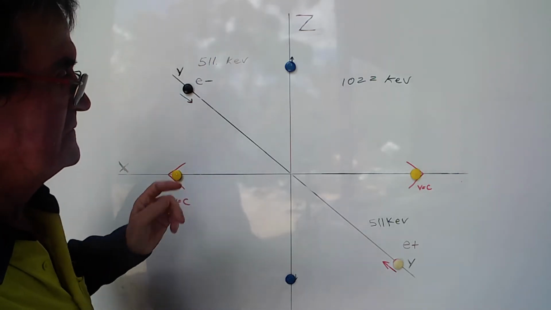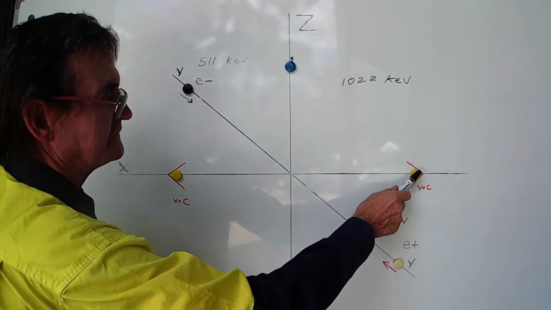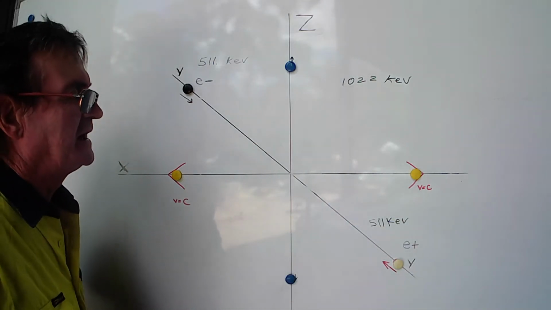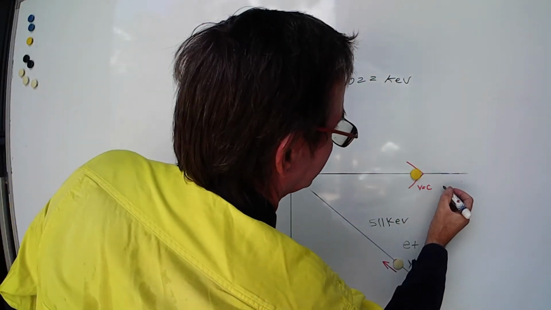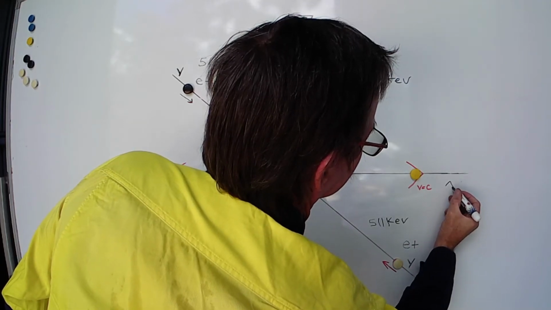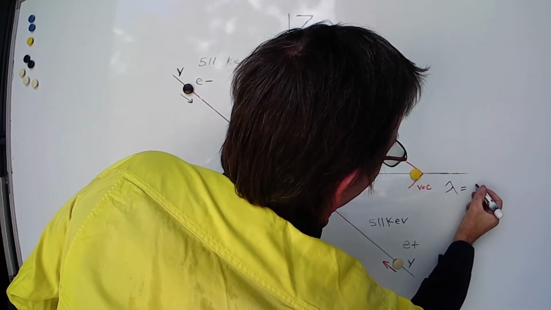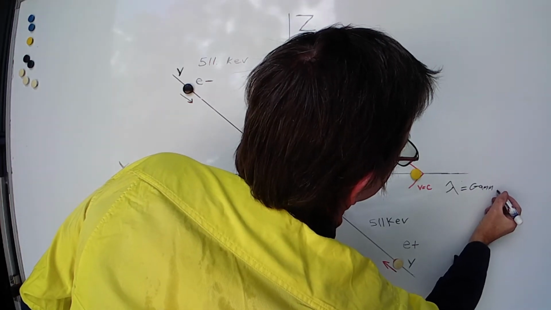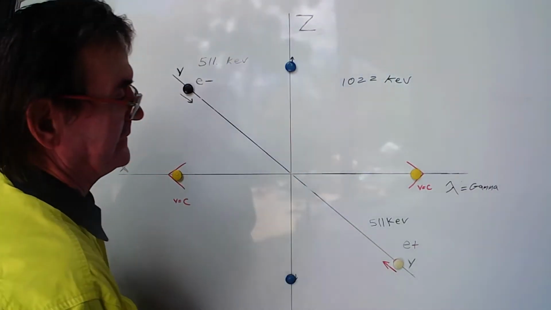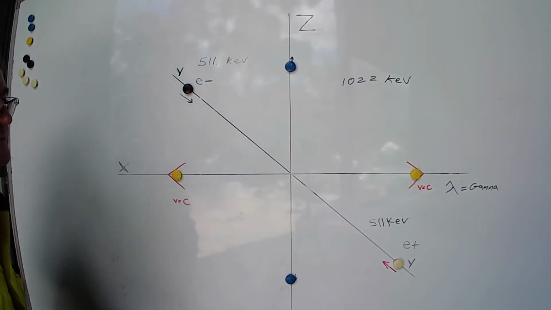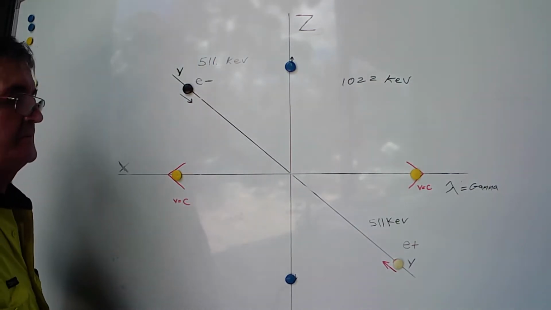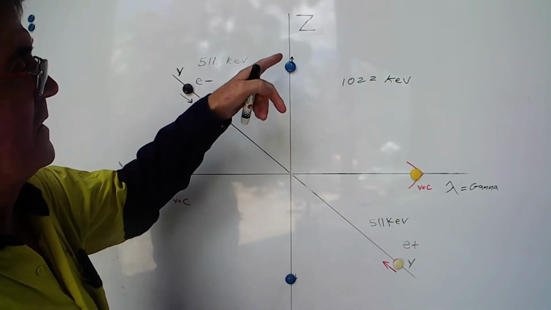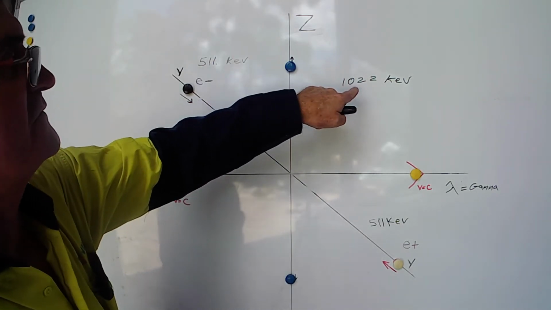This is quite proven because the photon pair that's produced, the wavelength is gamma. Very, very short wavelength. So we'll go and find out what the wavelengths are, and we know the energy. The total mutual annihilation energy here is 1022 keV.